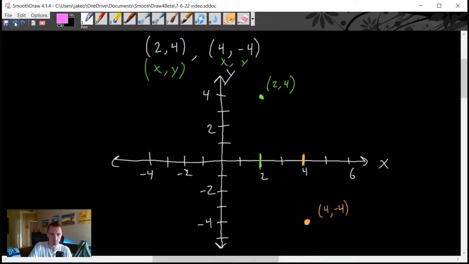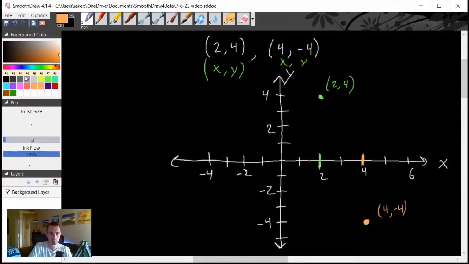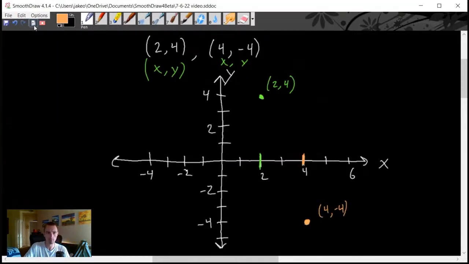In fact, it definitely is curved a little bit. Let me try that one more time. Better, I think, but still not perfect. But I think you get the idea. We want a straight line connecting those 2 points, right?